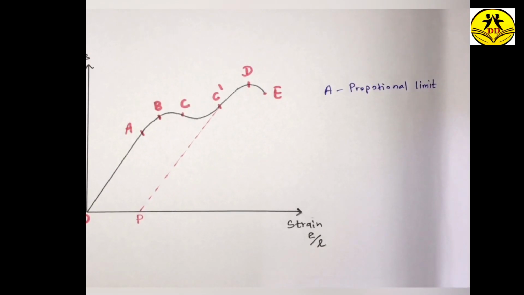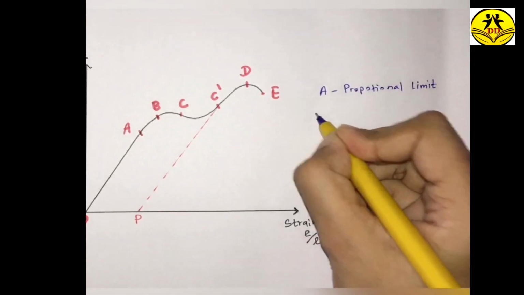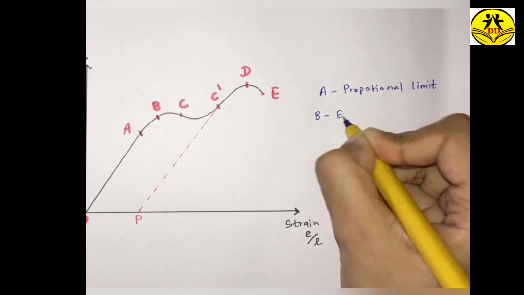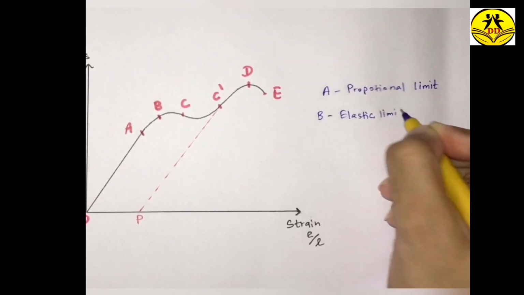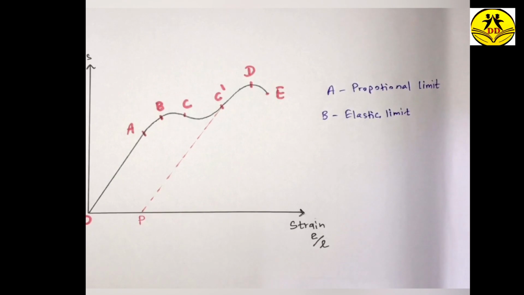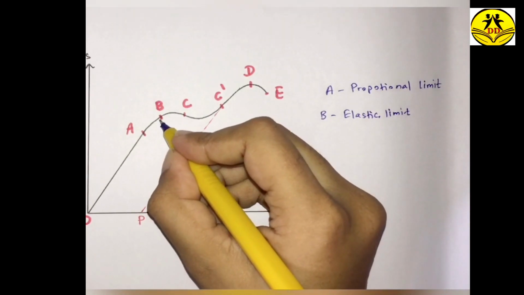and when the force is further increased, it will reach the point B. Point B is called the elastic limit. That is, at the point B, when the force exerted is removed, the string will come back to its original length, the original position along this graph.